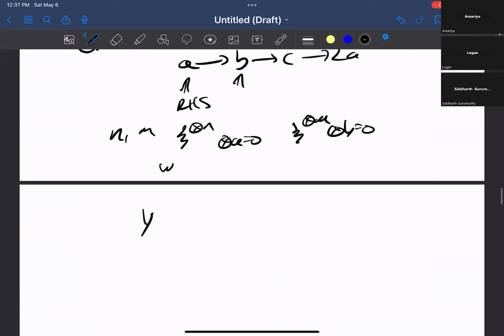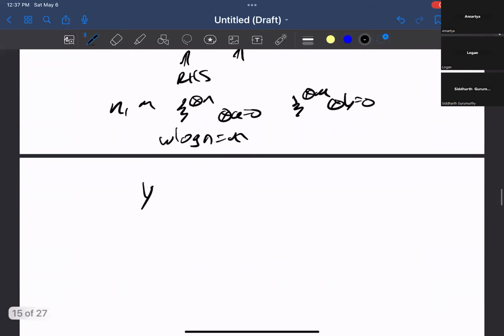So you can assume, without loss of generality, by increasing N or M as necessary, that N is equal to M. And then we can just do this.